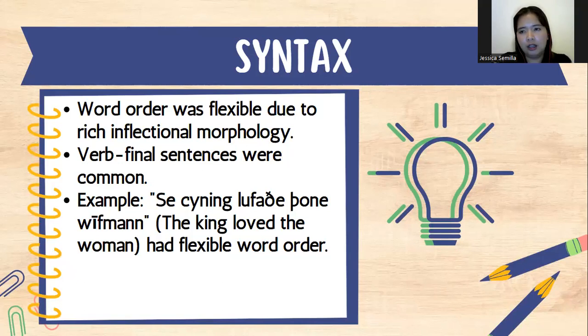Way back in the pre-Old English, they were not very particular with word order because it was flexible, because of the rich inflectional morphology. What do you mean by rich inflectional morphology? Like putting something to the word and it becomes different already, having a different meaning already. It can be in a plural form or it can be in a different gender.